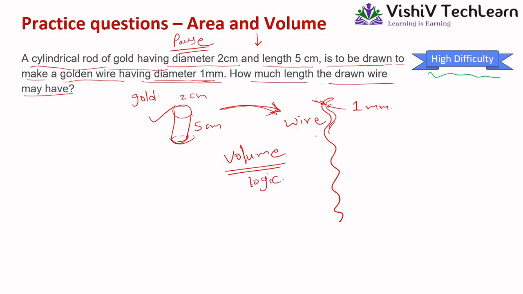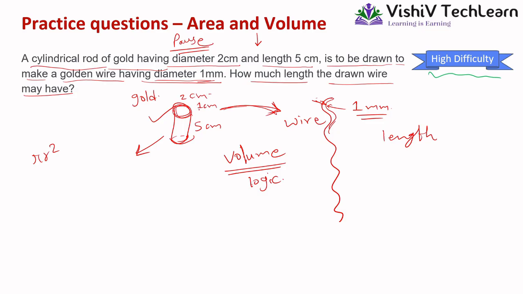If volume is the same, we can simply calculate the length of this wire, since we know the diameter. Correct? So let's first find out the volume of this. Here it is the area of this circle. Area of this circle will be pi r square. Since diameter is 2 cm, the radius will be 1 cm.